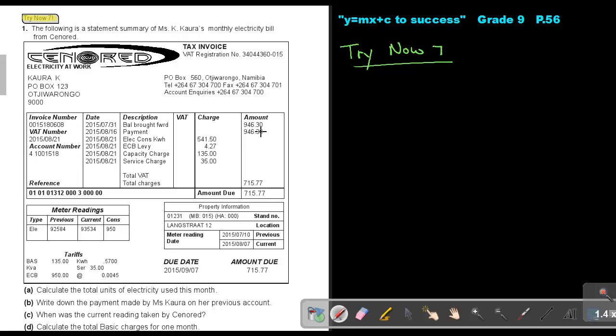There is the payment, so everything was paid. There is again your electricity. There's your basic fees, more or less like the water. So calculate the total units of electricity used this month. Now there was your meter reading. So you take that one and you subtract that one, and then you will come to an answer, and they give it to you as 950 units.